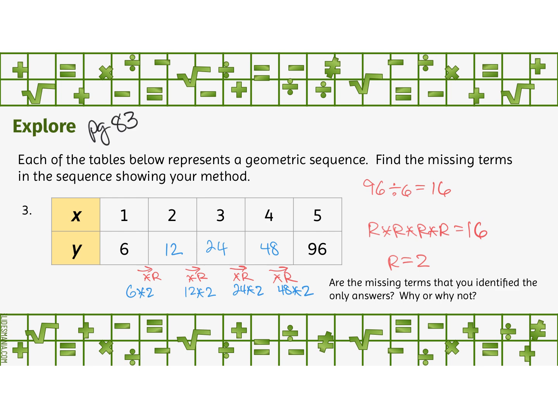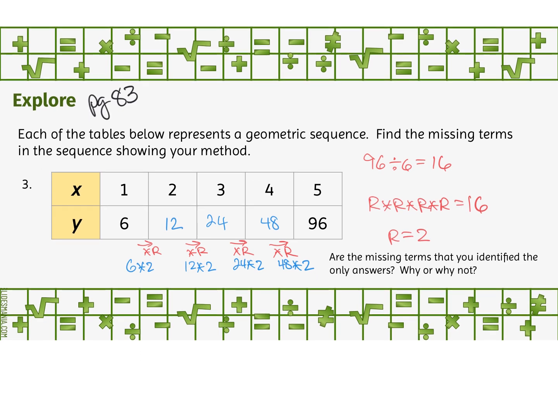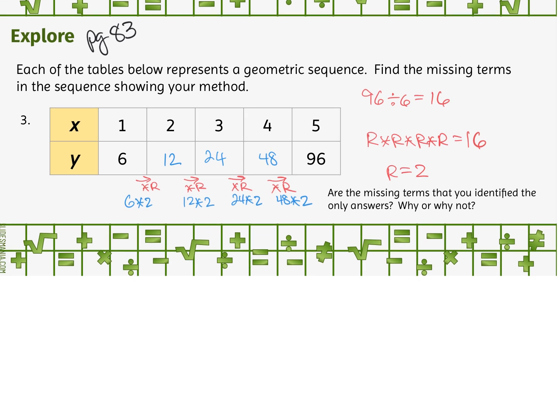But the first one said it was 2 and negative 2. Let's see if it works for this one. We take 6 and multiply it by negative 2, we get negative 12. Then we take negative 12, multiply it by negative 2, we get positive 24.